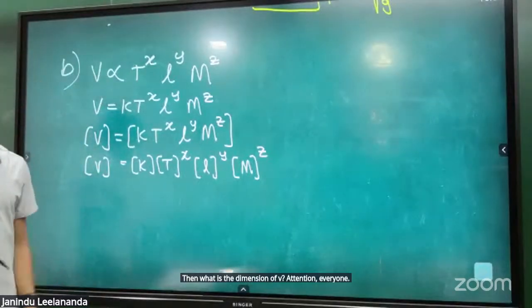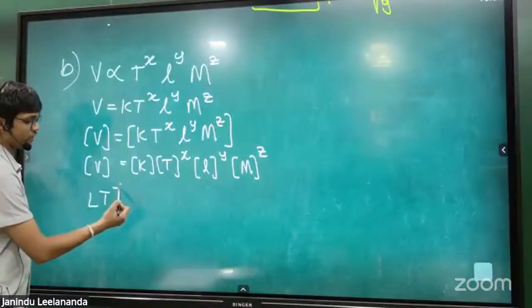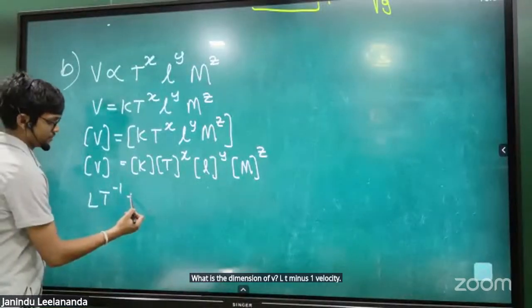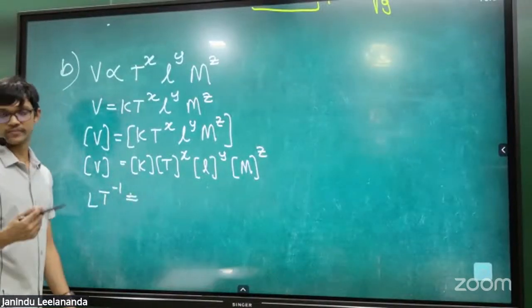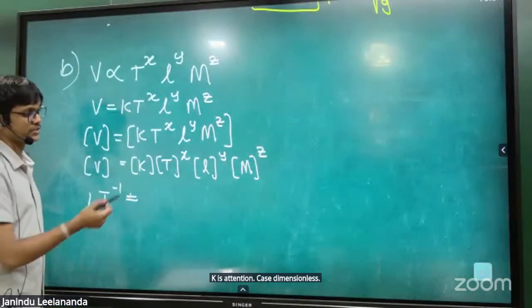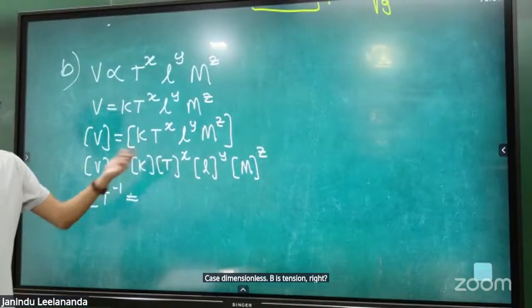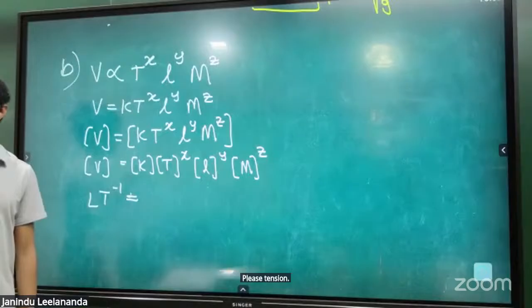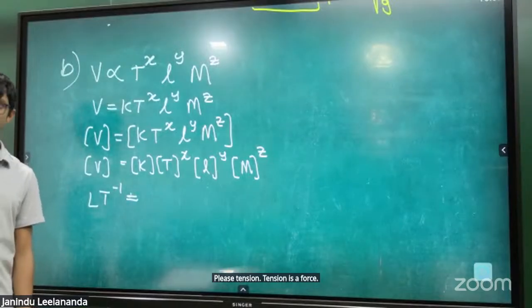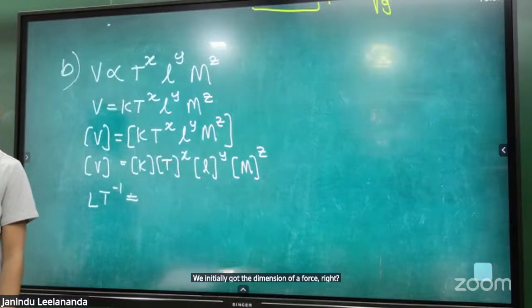What is the dimension of V? L T minus 1, velocity. K is dimensionless. T is tension, right? Tension is a force. We initially got the dimension of a force, right? What is the dimension of a force?